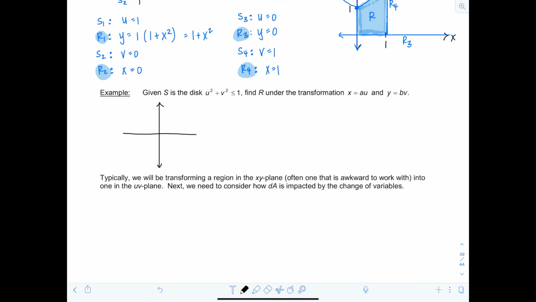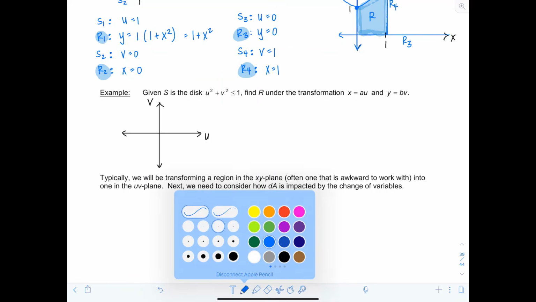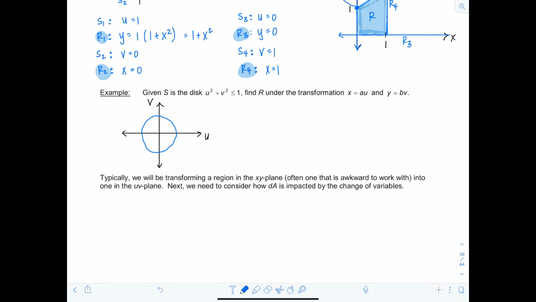I'm just going to plot it in the UV plane now, and all the points on and inside that unit circle. So here we go. Looks good. Let me indicate that this is 1, 1, negative 1, negative 1. And so S is everything on and inside there.